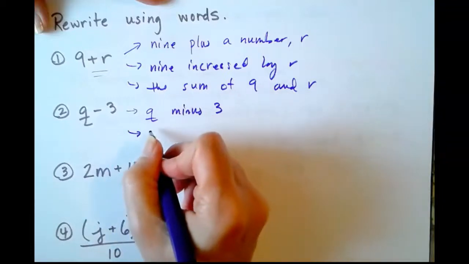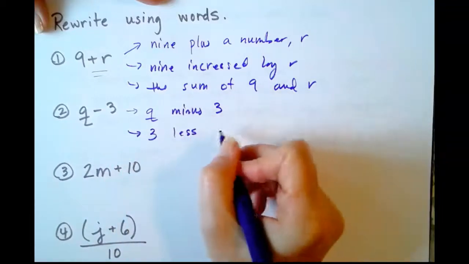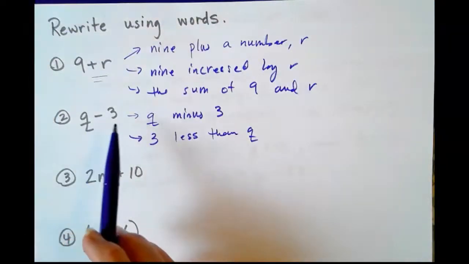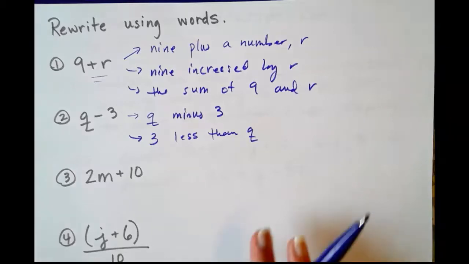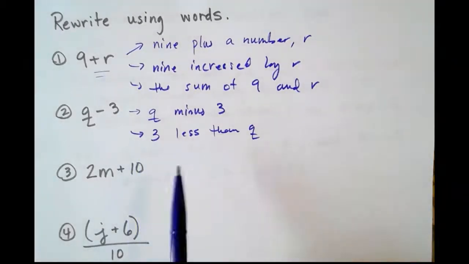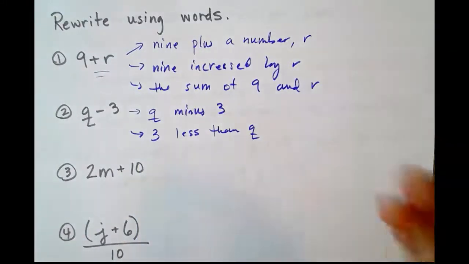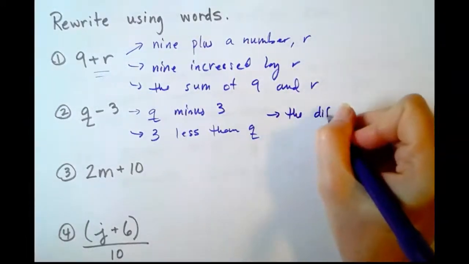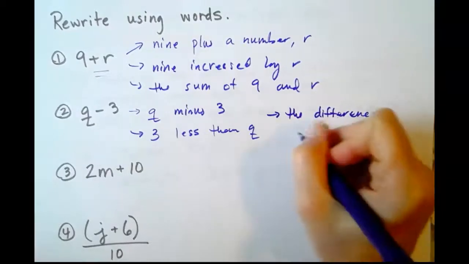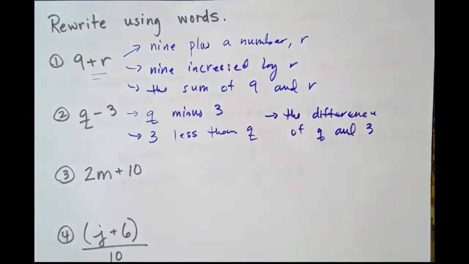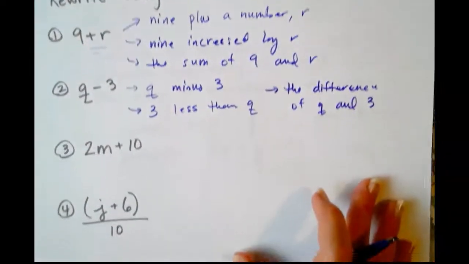We could change it to 3 less than q, because it's the 3 that's being taken away from the q. So order very important here, because when we say 3 less than q, we're indicating that q was there first. We could say the difference of q and 3. So 3 ways of writing that.